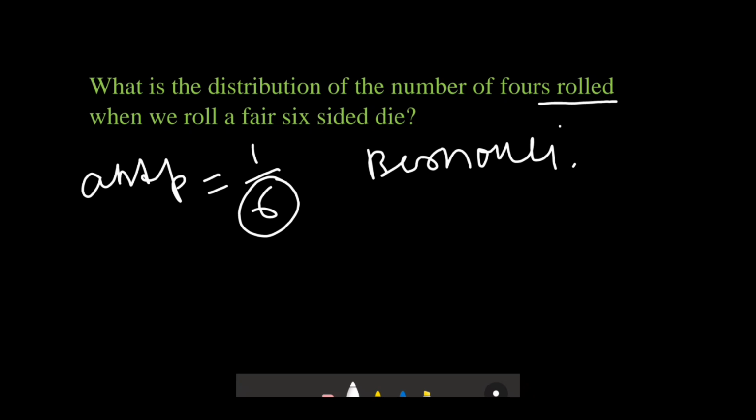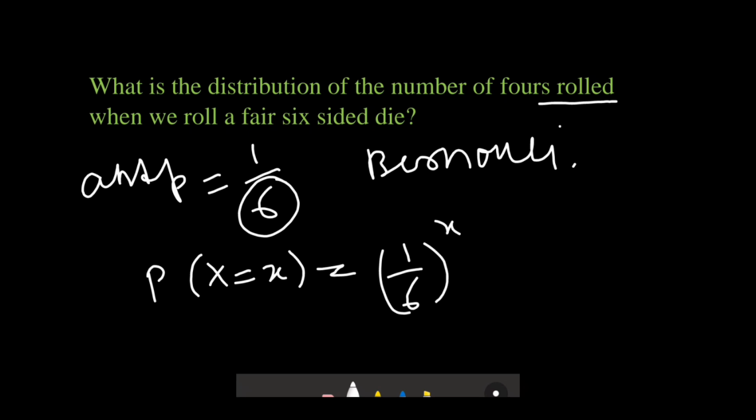So the probability distribution function of the roll of a die will be P of x equals (1 by 6) to the power x into (1 minus 1 by 6) to the power 1 minus x.